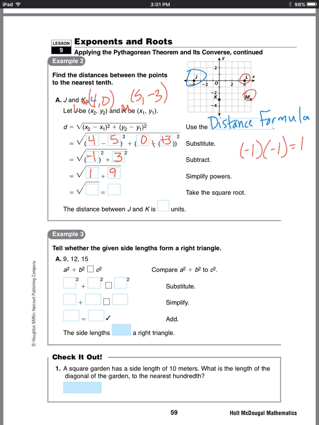Then we add 1 plus 9 and get 10, and take the square root of 10, which is 3.16. So the distance between L and M, because we changed it, is 3.16.